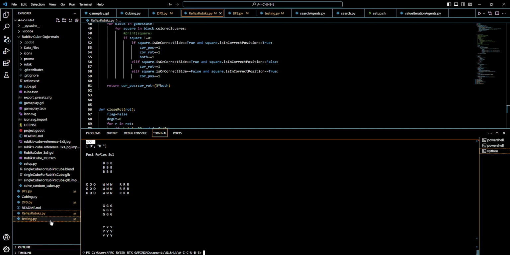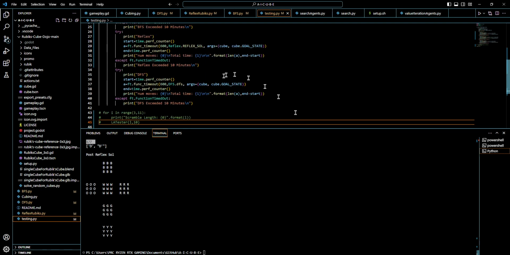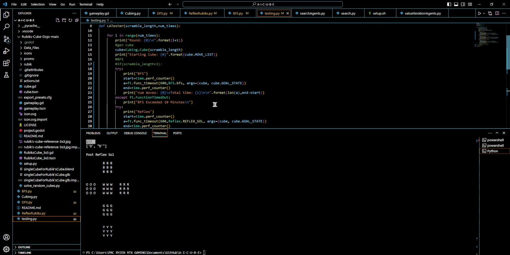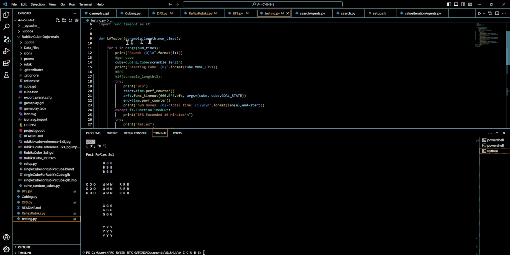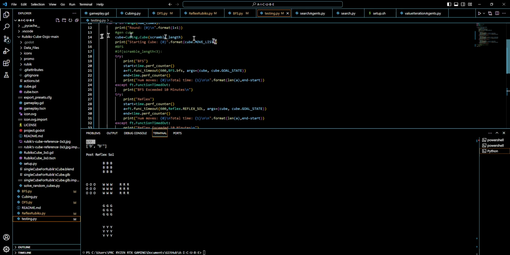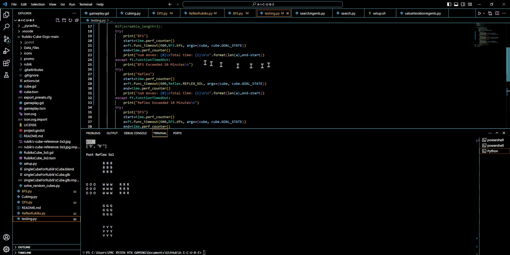So speaking of testing, we're going to look at our testing.py. And this program was used to test all of the algorithms. Essentially, it outputs some primary information about what round it's on, and it takes in a scramble length and the number of times you want it to be run. Now, they all work off the same cubes. That's where the cube is built.